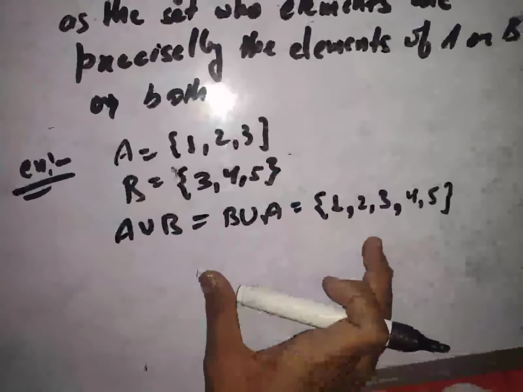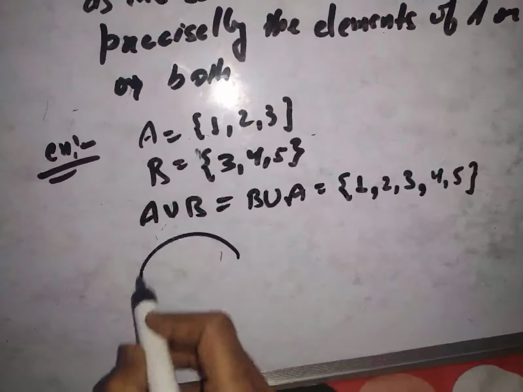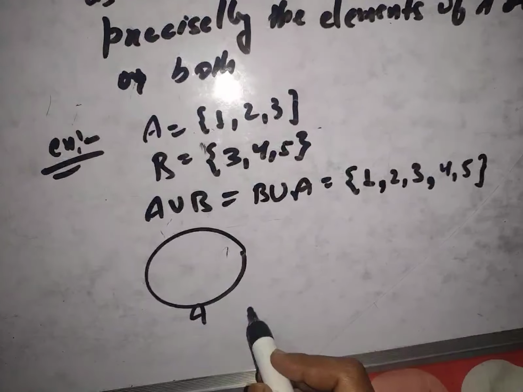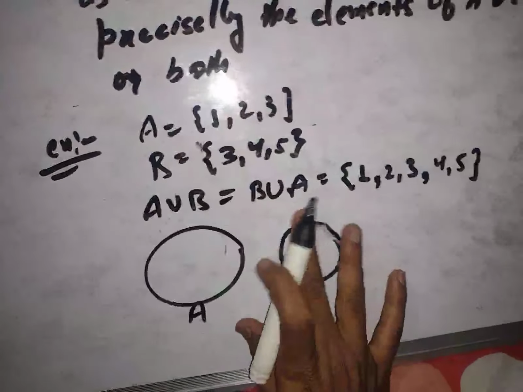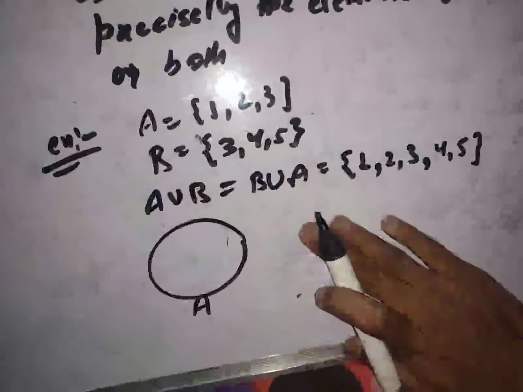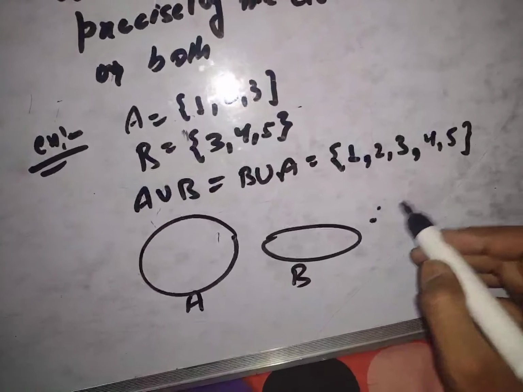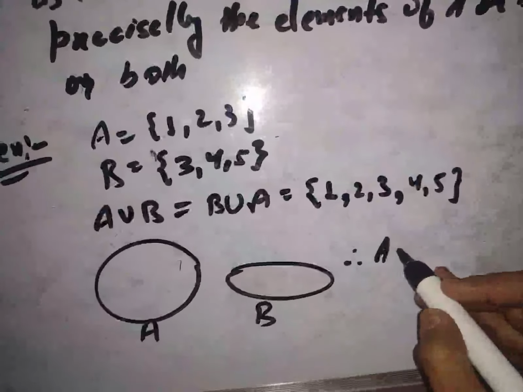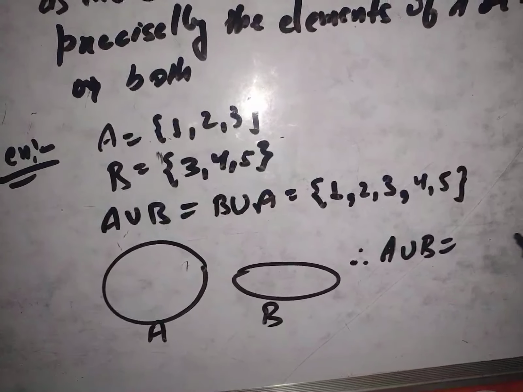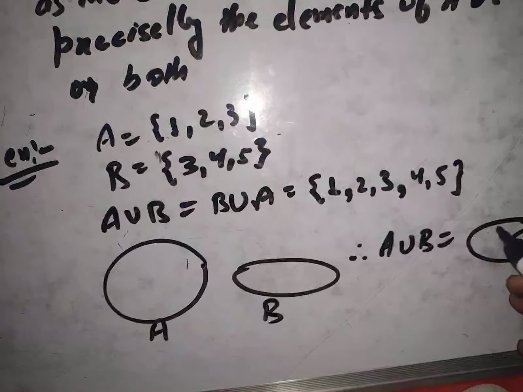To understand it with the help of a diagram, we can imagine this is set A and this is set B. Therefore A union B is defined as this.